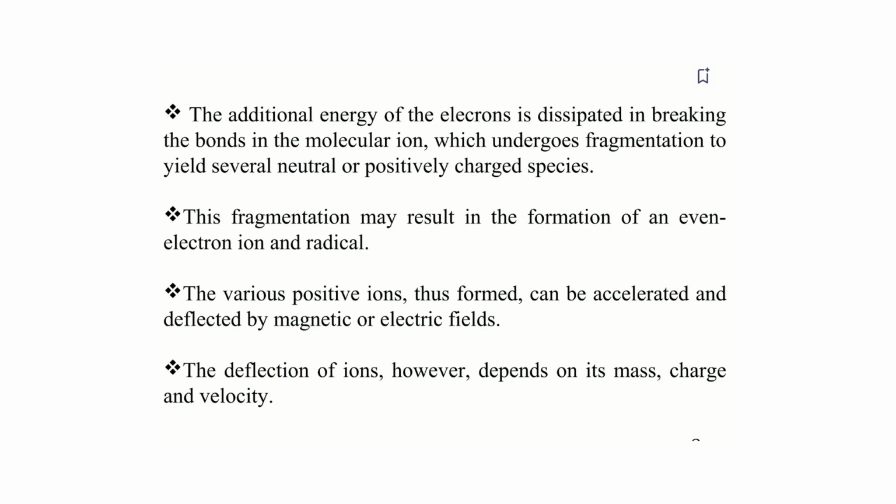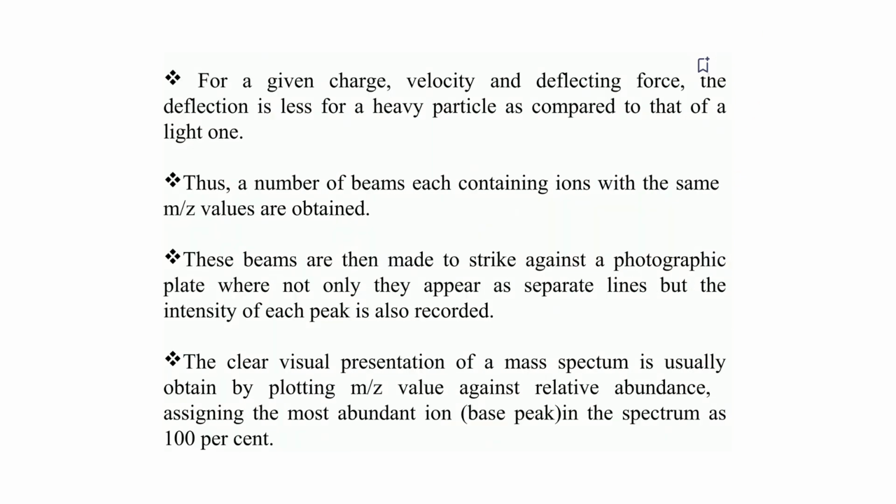The various positive ions formed can be accelerated and deflected by electric or magnetic fields. The deflection of these ions depends on the mass, charge, and the velocity. For a given charge, velocity and deflecting force, the deflection is less for a heavier particle as compared to a lighter particle.